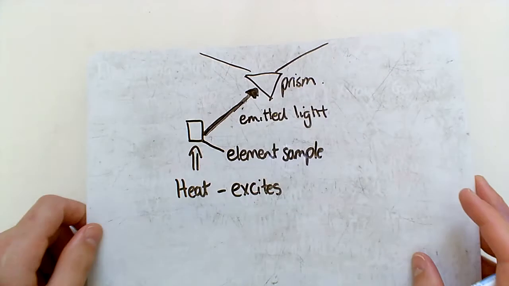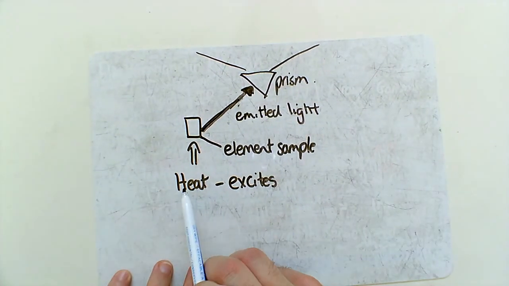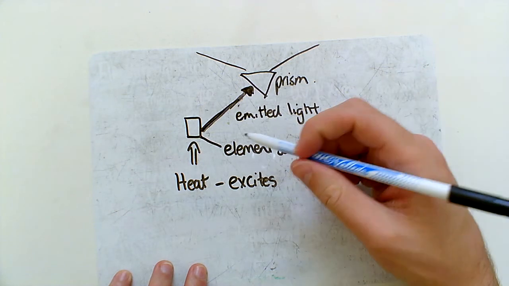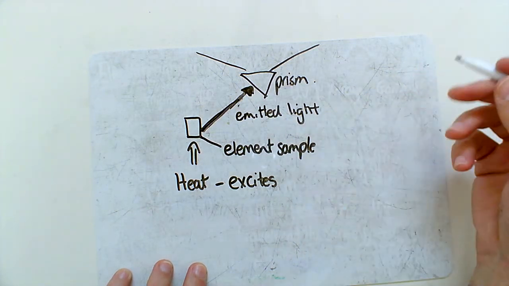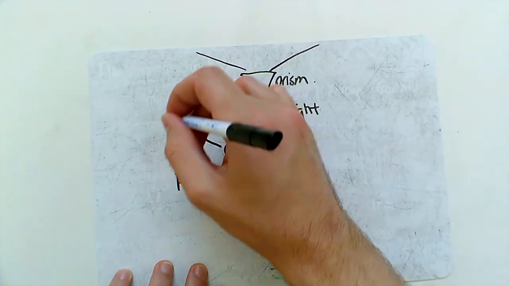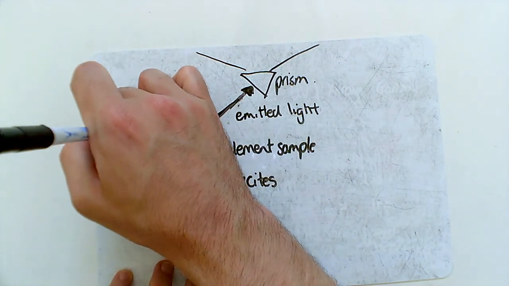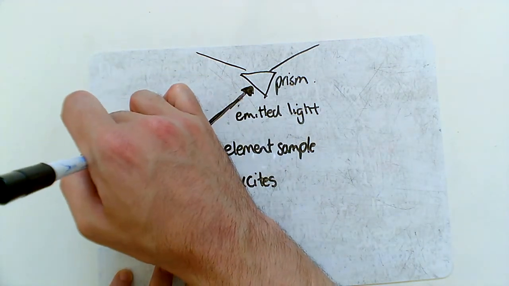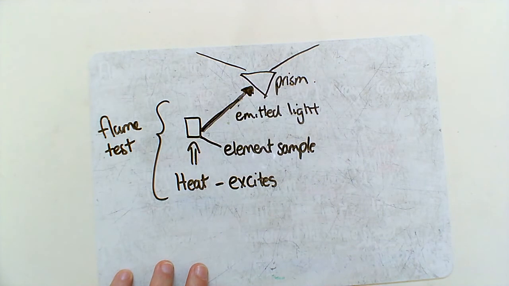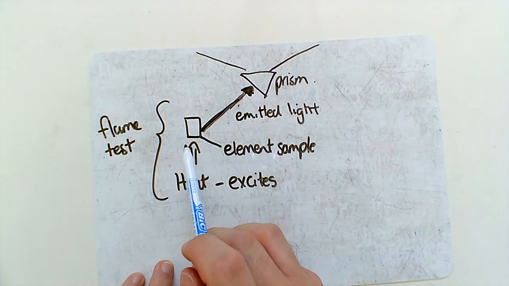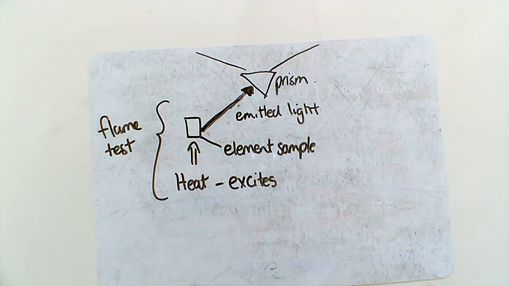Now in this diagram we had here of heating our sample and then letting it emit light, this part here is the basis of flame tests. So when you do a flame test on a metal, you heat up the metal and you're actually able to see the colour.